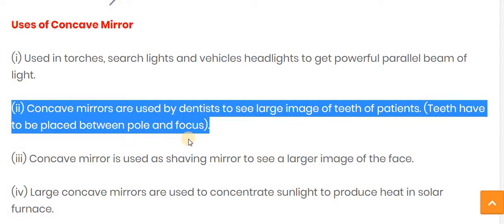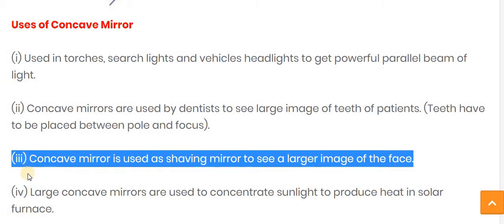Why the pole and focus? So we get the enlarged image, and the doctor can easily rectify the problem.